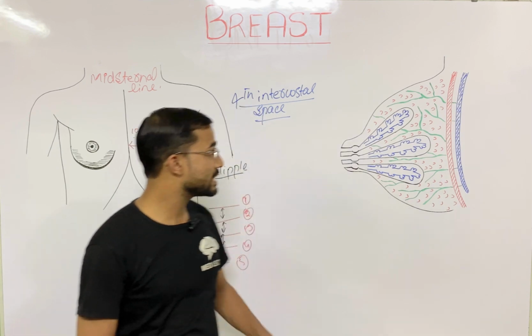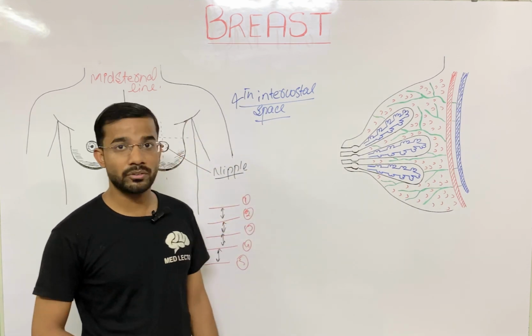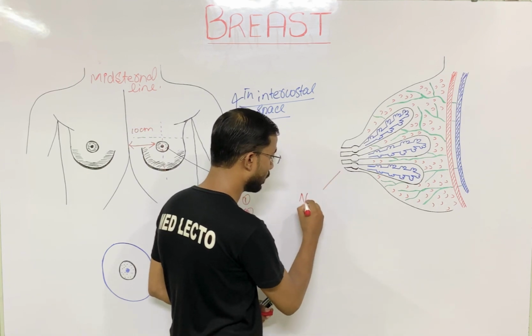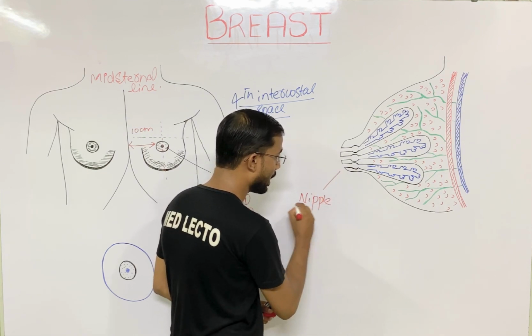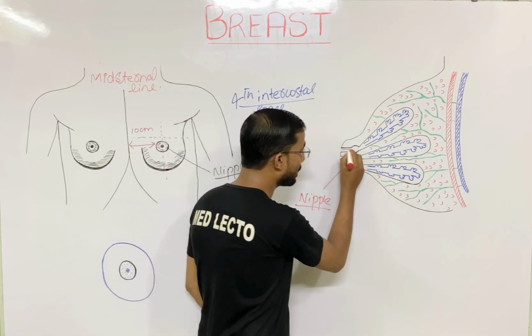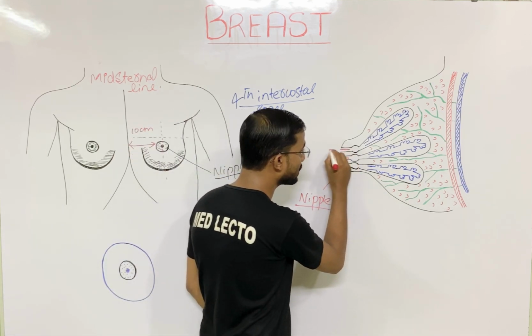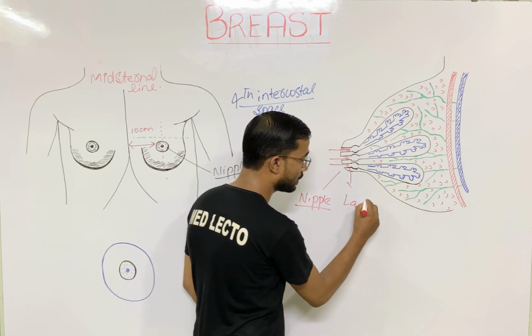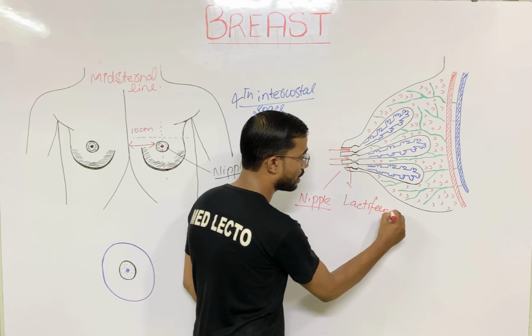Okay. If you see, here is the lateral view of the breast. So here is the nipple. And there are a lot of lactiferous ducts. So here are basically the different lactiferous ducts.